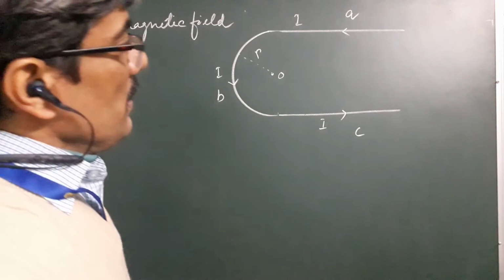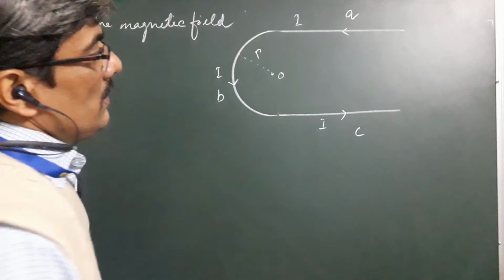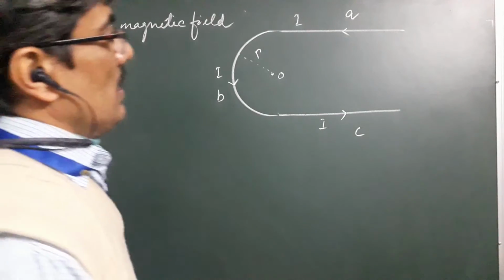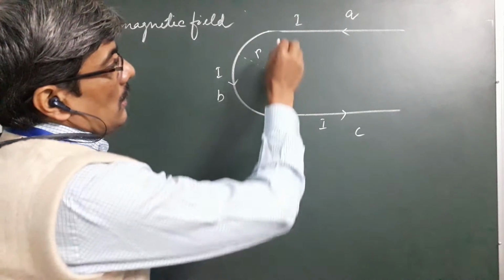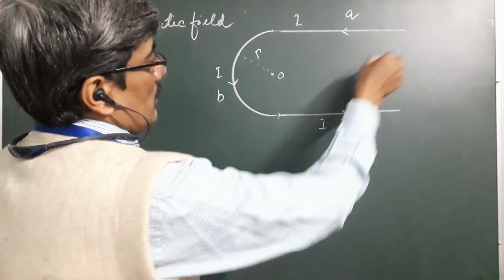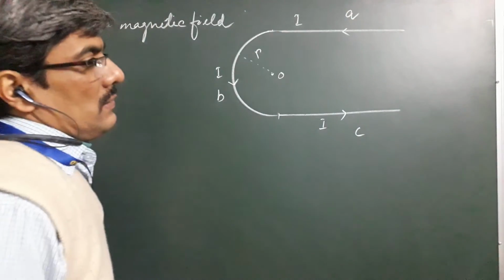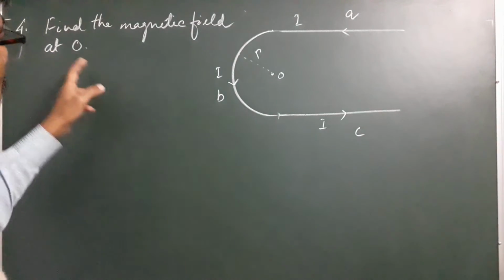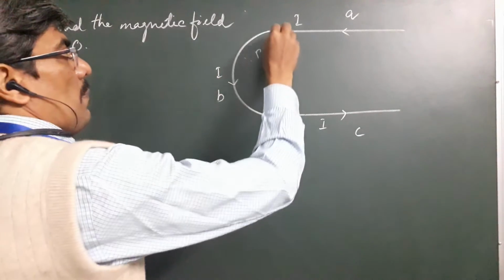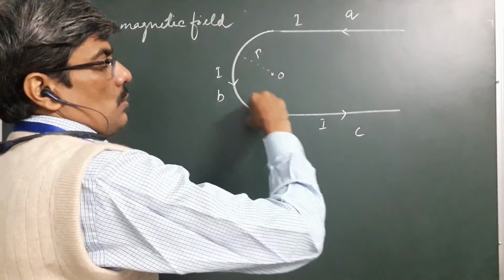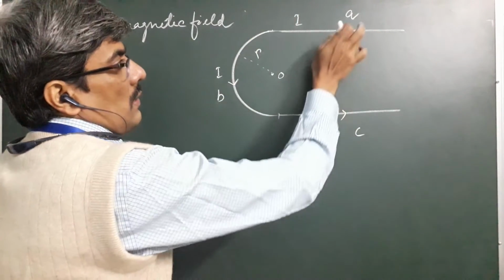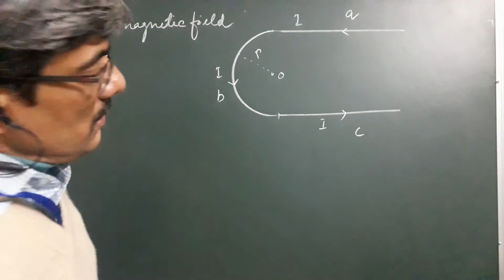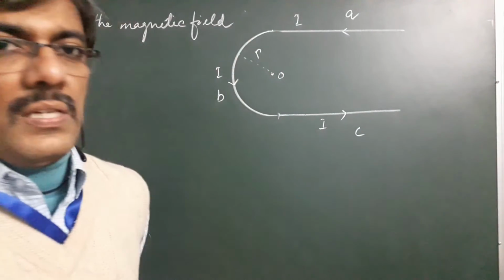See, you have been given a curved conductor somewhat in the shape of a U. This conductor carries a current I. The question is, find the magnetic field at O. O happens to be the center of curvature of this part. There are three parts, A, B and C. A and C happen to be the straight parts and B is the semicircular part.